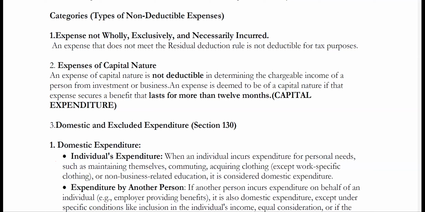And then exclusively means that the expenditure should be tailored to the business and not for anything else. We should not have any private element, but it should be towards the business. And then necessarily is that the expenditure must be incurred; without it, the business will not be able to survive. It's inevitable, right? It is necessary for the business.